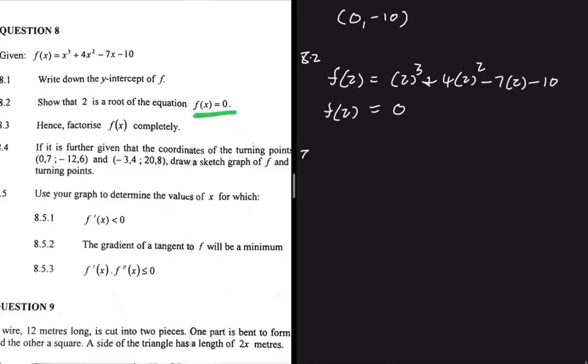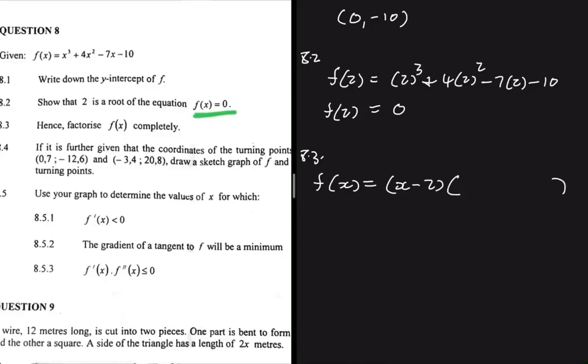Moving to 8.3. 8.3 is saying let's hence factorize f of x completely, right? So we're going to have something that looks like the following: f of x equals x, and then we know that 2 is a root of our equation, so we're going to have x minus 2 multiplied by some function here.